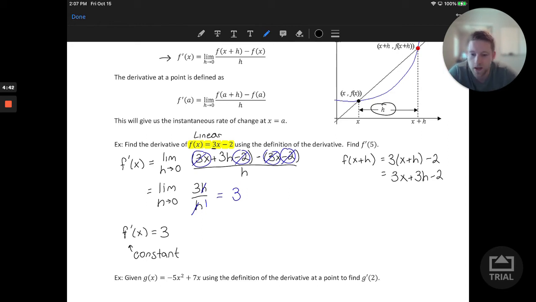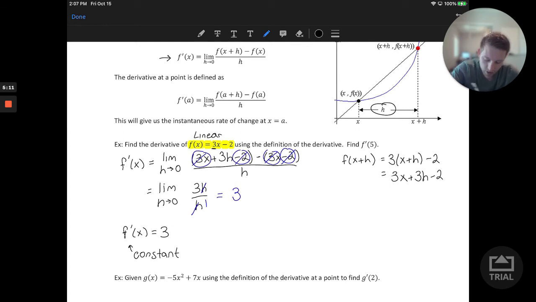This is actually what we're trying to find: the derivative gives me the slope at any one input of the function. So this gives me f prime of x. This is the rate of change, really the instantaneous rate of change at any one point on the domain of the function. In this case, that would just be that slope value because we have a linear function to begin with.